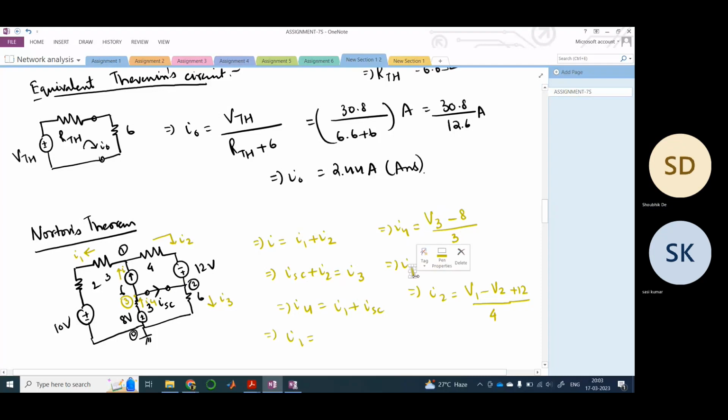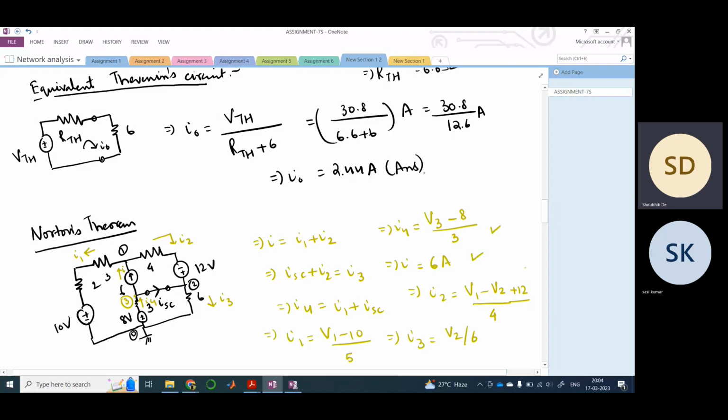This I would be V1 minus 10 divided by 5. And lastly, your I3 would be simply V2 by 6. So you need to substitute these in these three equations, and finally you will get the value of ISC.